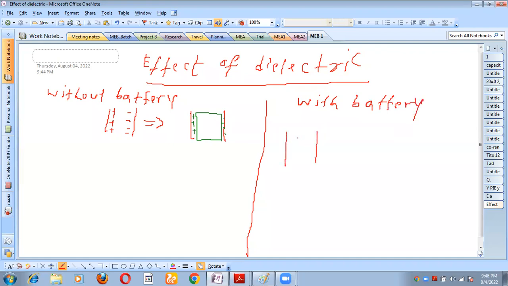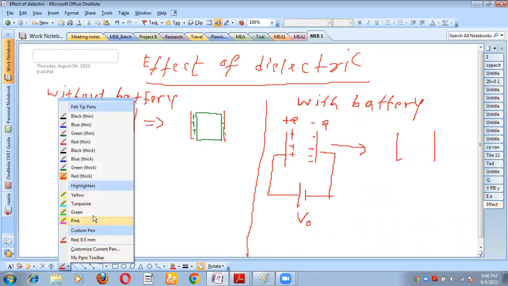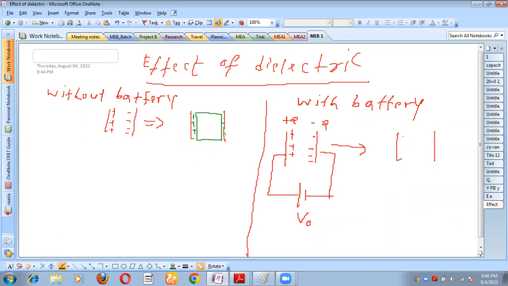Like you have a capacitor with plus charge and minus charge, and a battery of potential V naught is connected between the plates, with charge plus Q and minus Q. You insert a dielectric between the plates, but the battery remains connected.